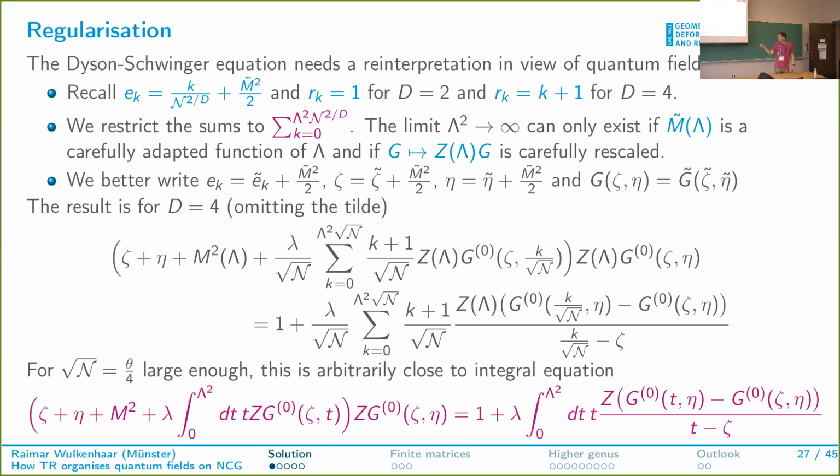This is a requirement: the limit lambda to infinity of these g's exists. That's the game, the usual game of renormalization in quantum field theory. The point is that usually you do it graph by graph in perturbation theory, and here we do it globally in one equation.